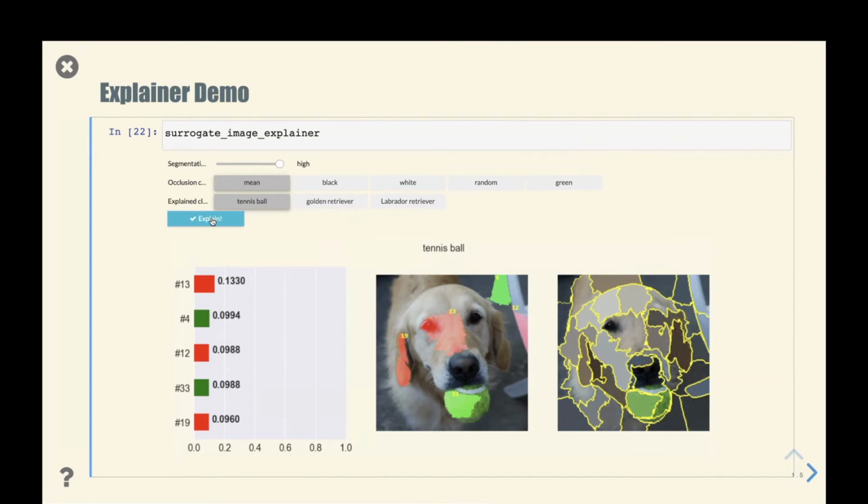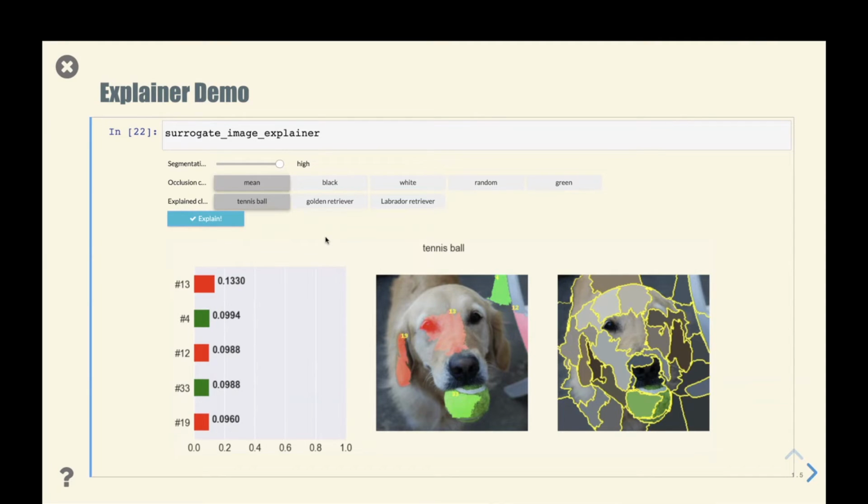And that's mostly because of the mosaic effect that you can see. So if you have a lot of segments that you split your image into, they will have more uniform color distribution within themselves, which means that even if you occlude them with the mean color, they will still pretty much convey what the original pixels conveyed. So you should avoid high number of segments with the mean occlusion color. And the rest of the parameters also matter.